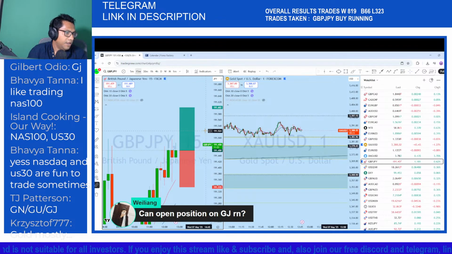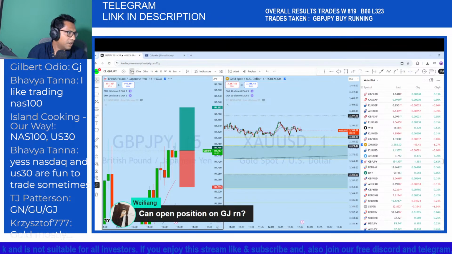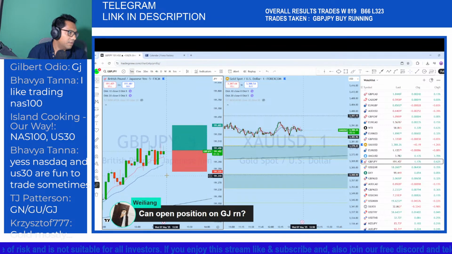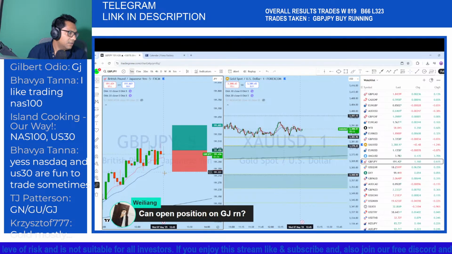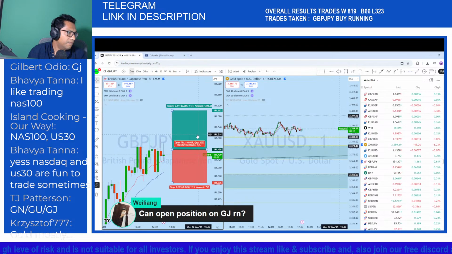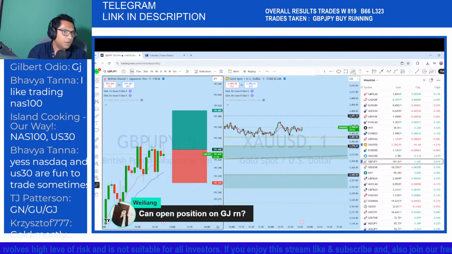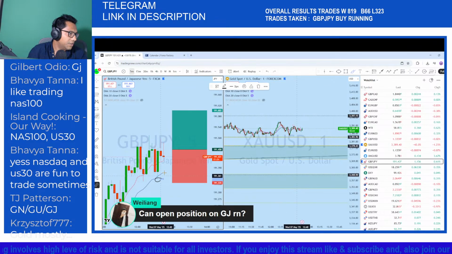But so far the market is showing possibility for another bounce, as there were multiple false breakdowns here.